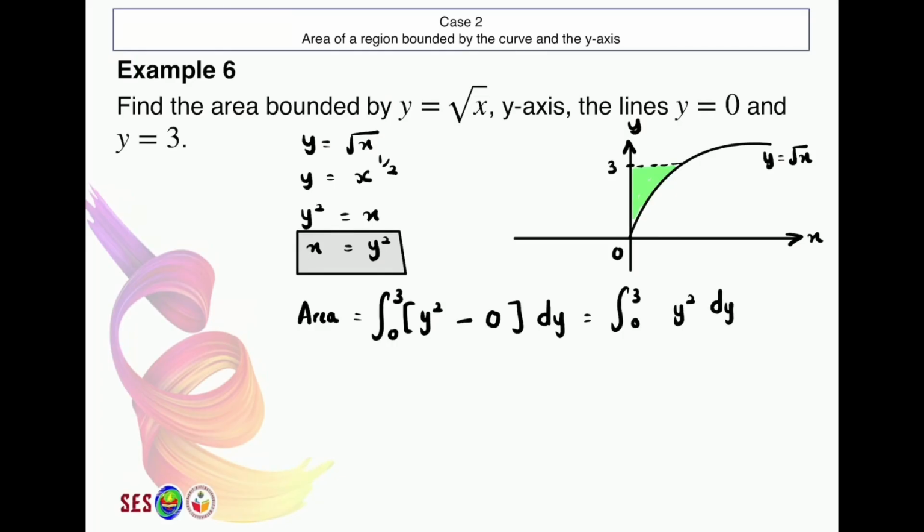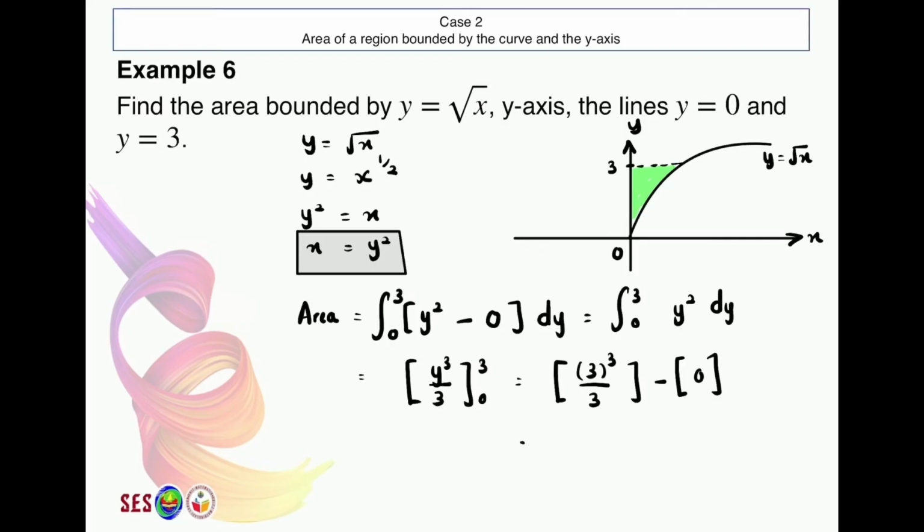Then we start to integrate. We'll get y to the power of 3 over 3, from 0 to 3. This is easy for you to calculate. You'll get 3 to the power of 3 over 3 minus 0, because when you substitute in 0, you'll get 0.